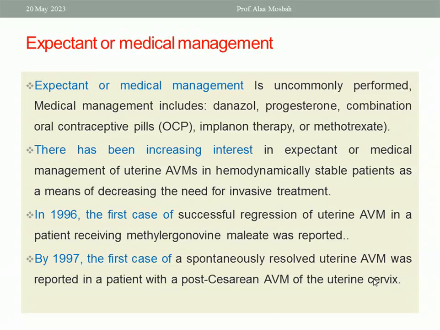In 1996, the first case of successful regression of uterine arteriovenous malformation in a patient receiving methylergonovine maleate. In 1997, the first case of spontaneously resolved uterine arteriovenous malformation in a patient with post-cesarean arteriovenous malformation of the uterine cervix.